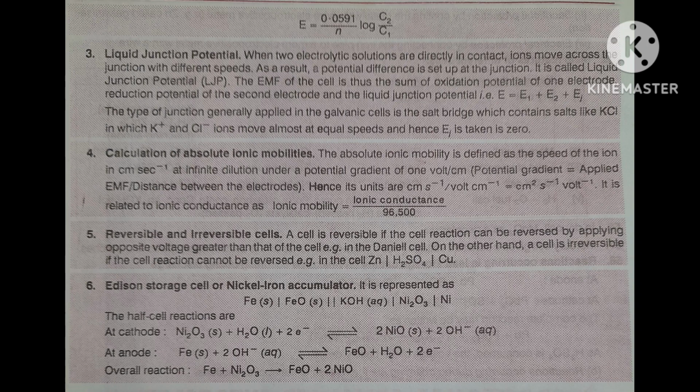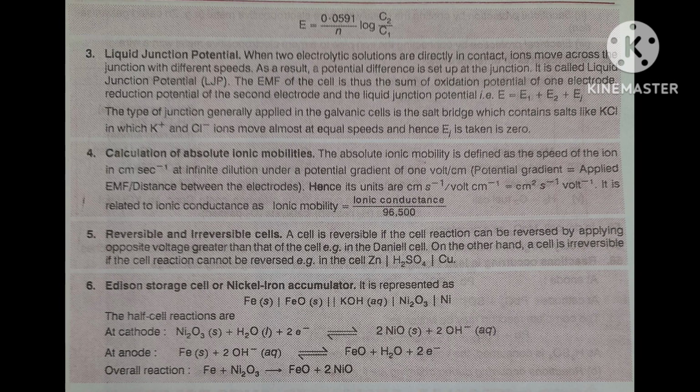The example is Zn in H2SO4, copper in H2SO4, or you can write Zn | H2SO4 | Cu, meaning between the zinc electrode and copper electrode, H2SO4 is there.